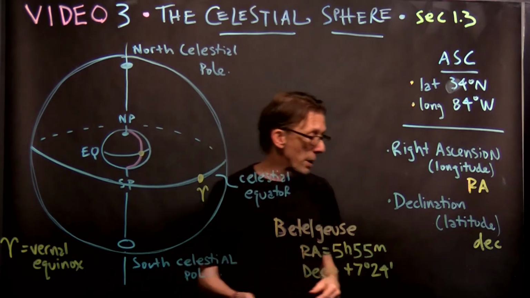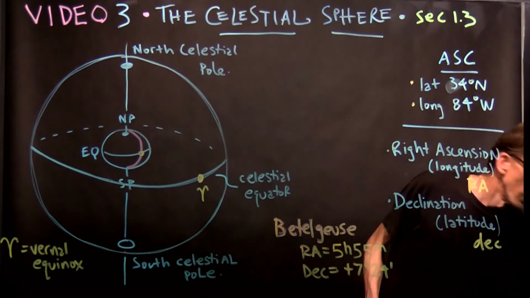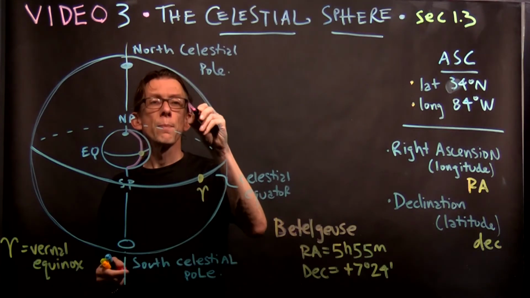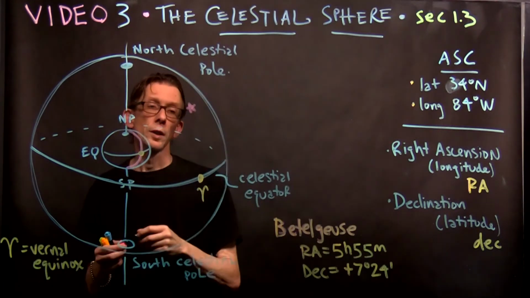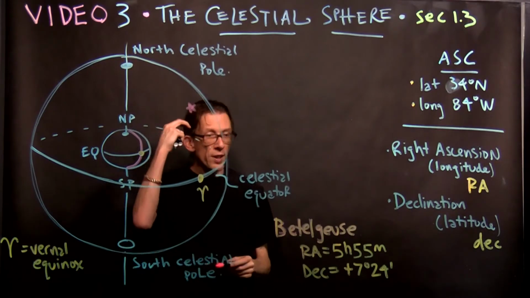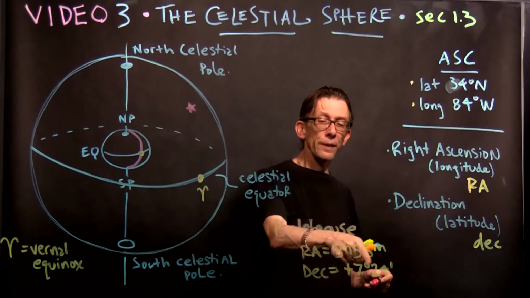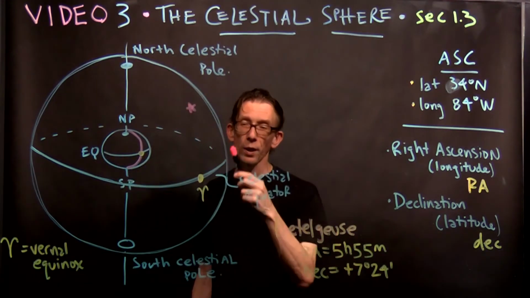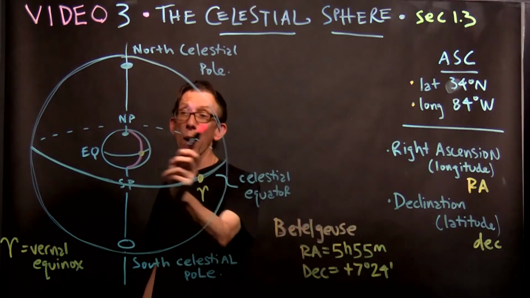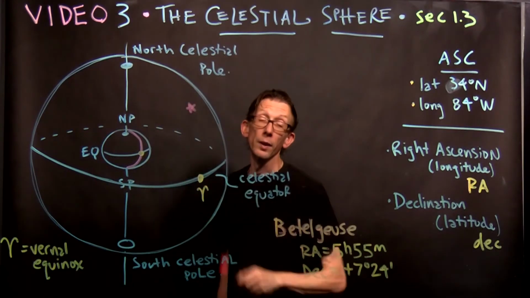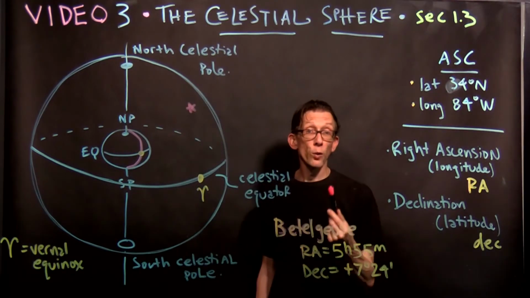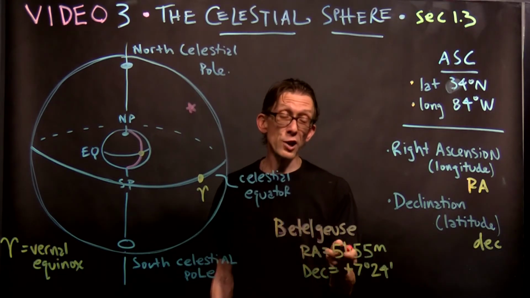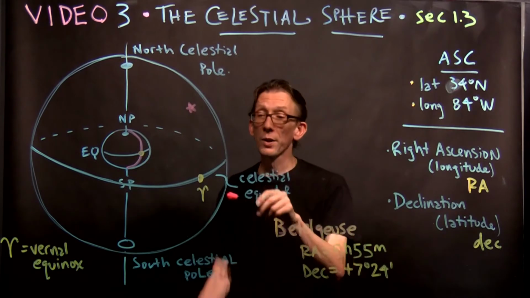Let's draw Betelgeuse on the map, on the ball here. Let's draw it back here. Now this is going to be back on the back side. So what this 5 hours and 55 minutes means, that tells you the location around the celestial sphere. Instead of breaking up the celestial equator into 365 degrees, it's broken up into 24 hours. So right ascension runs between 0 and 24 hours.